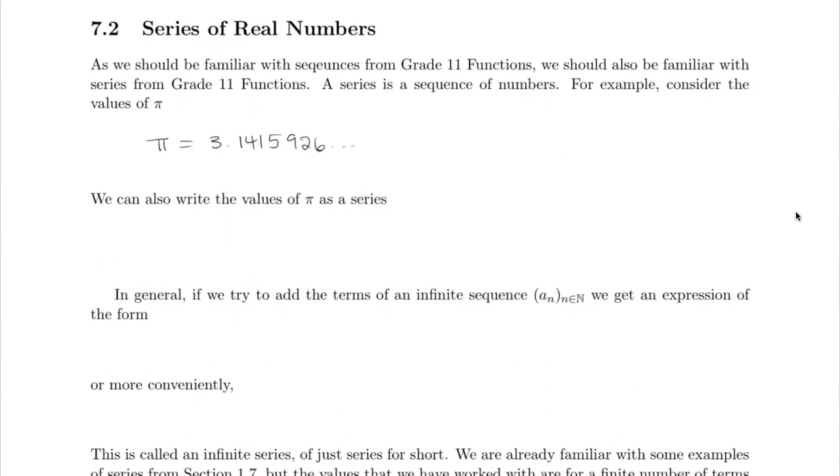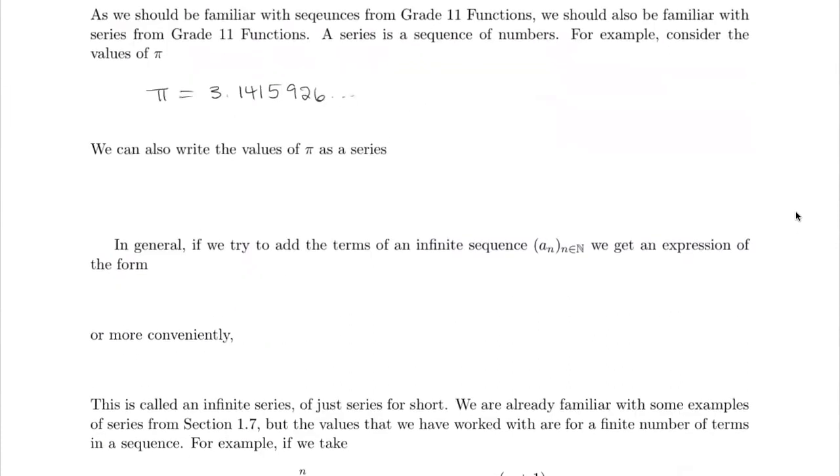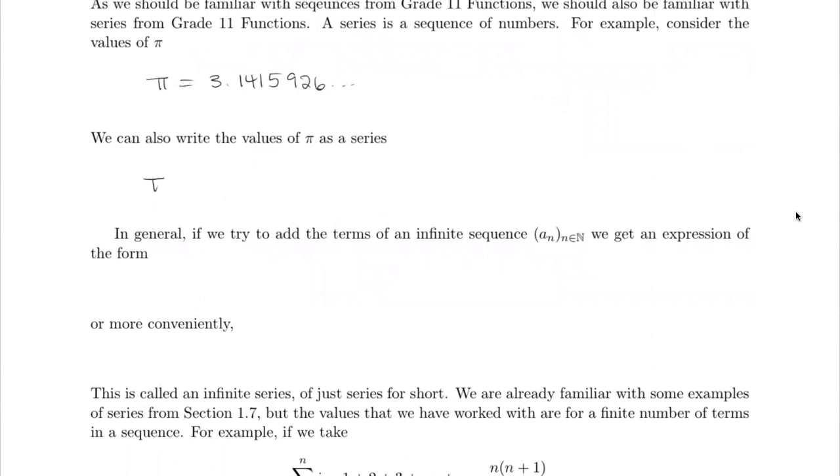However, we could also write pi as a series: pi equals 3 divided by 10 to the power of 0, plus 1 divided by 10 to the power of 1, plus 4 divided by 10 to the power of 2, plus 1 divided by 10 to the power of 3, and so on. So we could also express pi as a series.